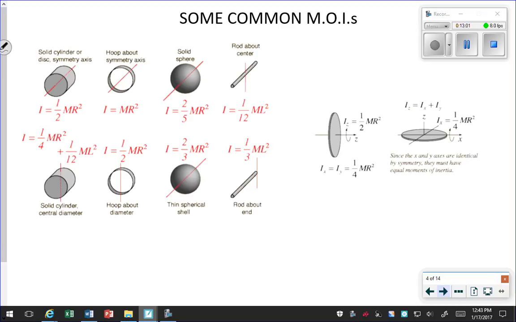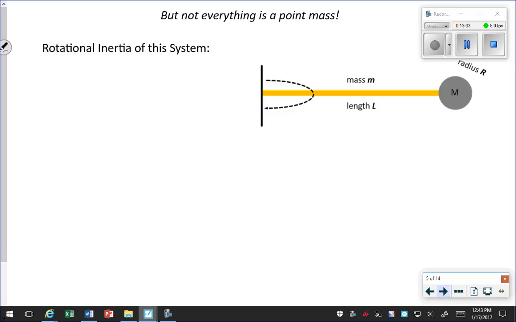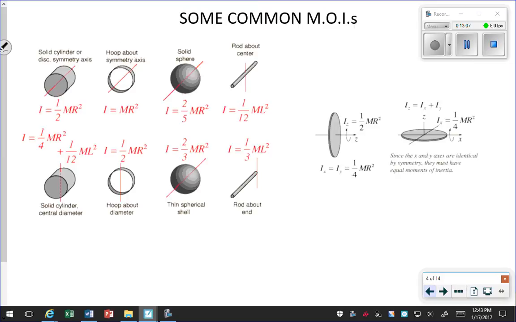So here's the deal. Different objects, and these are some of an infinite number of different kinds of objects, but here are some different objects. They have different moments of inertia. Where do these come from? They come from integral calculus, to tell you the truth.